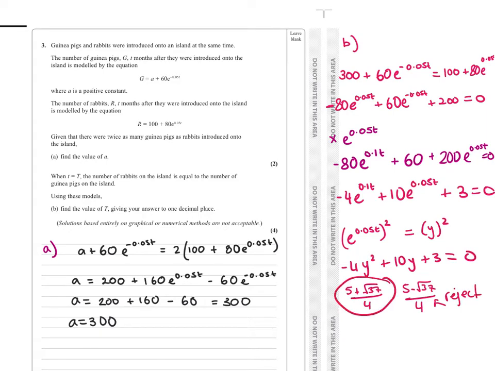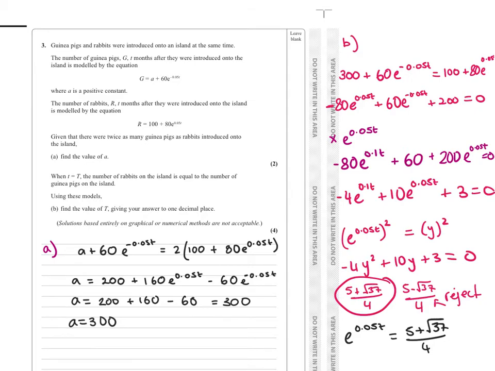So we know then that our y equals 5 plus root 37 over 4. So that means e to the power of 0.05t equals 5 plus root 37 over 4. Now I have one e on one side and we have an equation. How do I now find t?